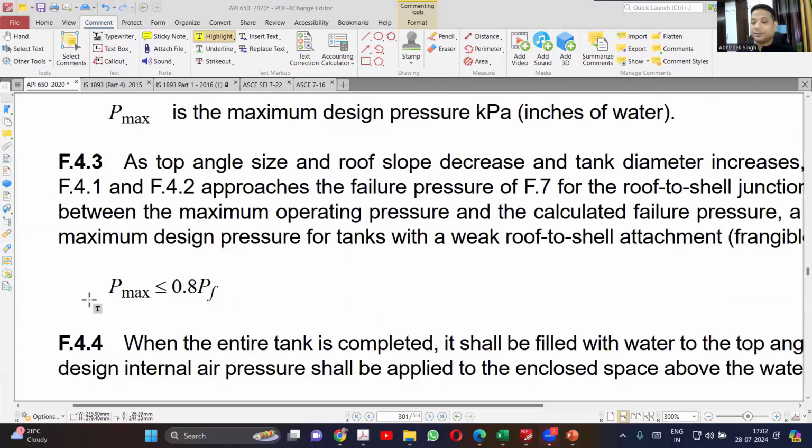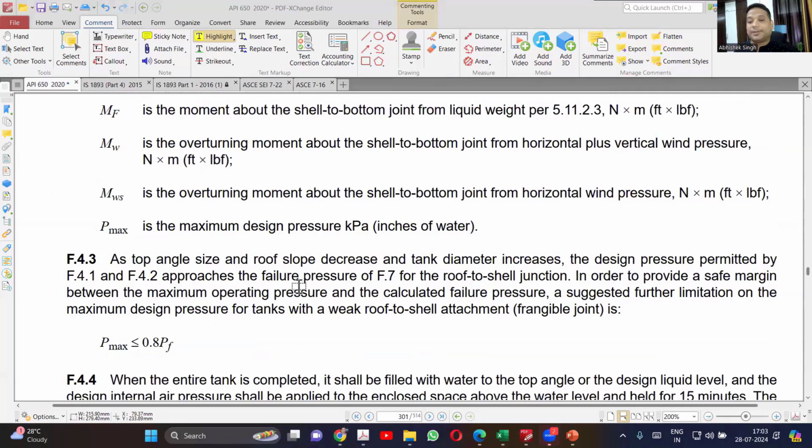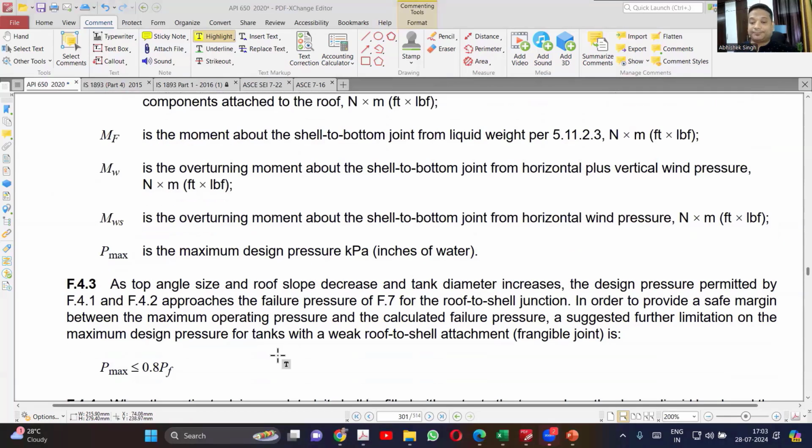So the maximum pressure which you can apply should be less than 80% of the failure pressure. Make sense? So this will allow a safe margin between whatever pressure you have considered.